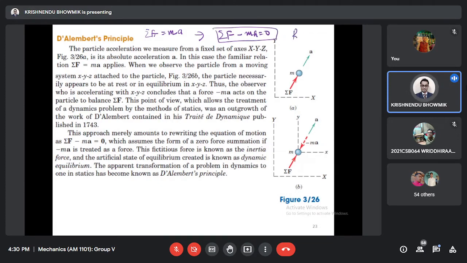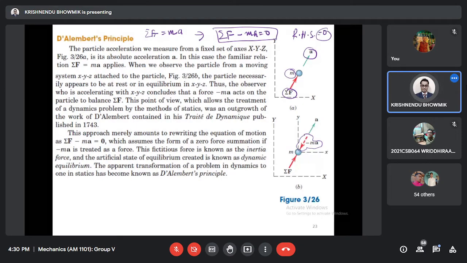Such that the right side was 0, this value was 0. How has he proposed this? Let there be some mass m, with some summation F and this acceleration. He told that in the direction acceleration will happen, in the reverse direction there will be some reactive force. Summation F minus ma equal to 0.